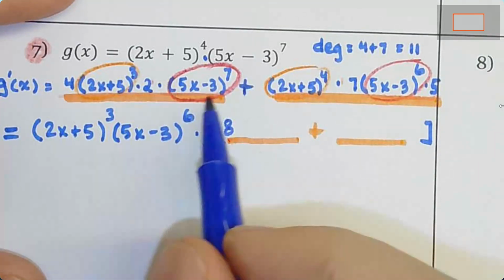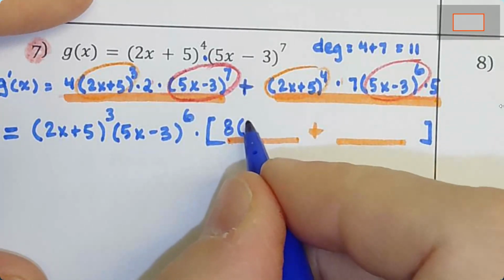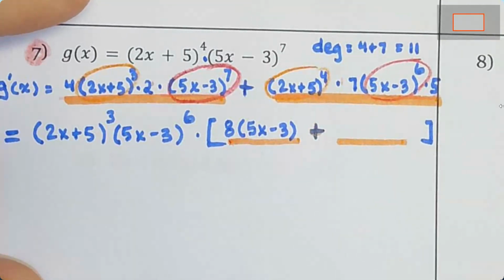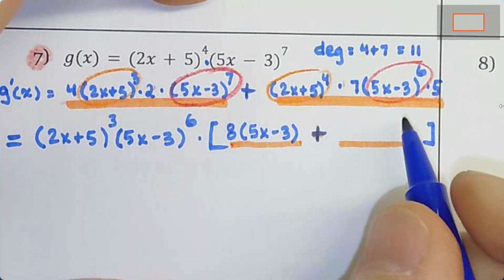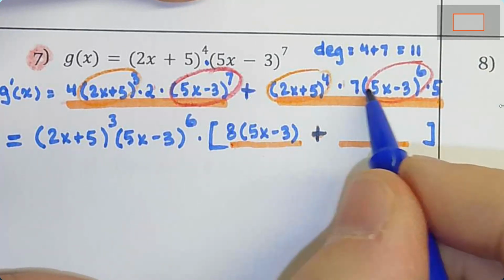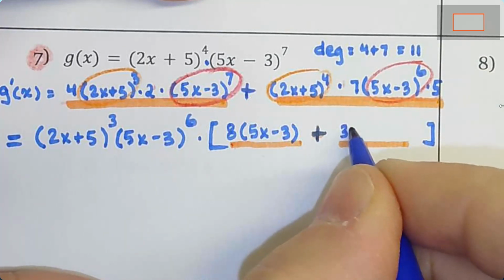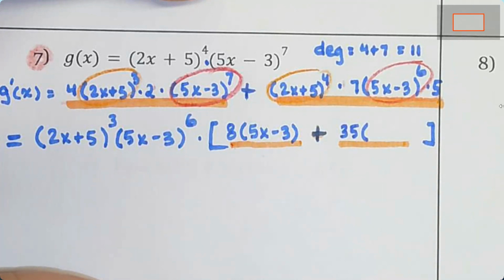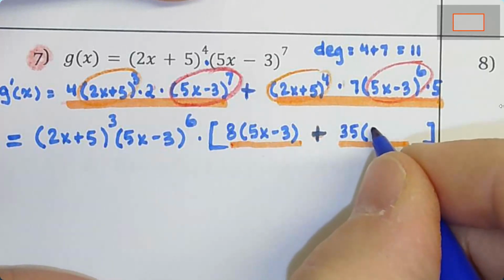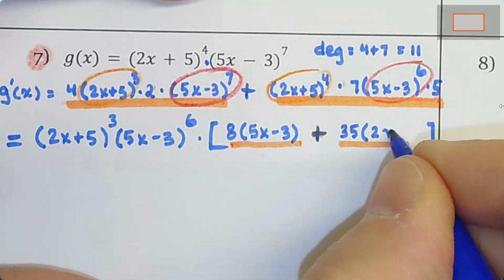And then we took all but one of these factors, so we're left with a 5x minus 3. Plus, right here, we took all of these. We didn't take the 7, we didn't take the 5, so that's 35. And then we didn't take one of these factors. We only factored 3 of them out. So there's a 2x plus 5 in here.